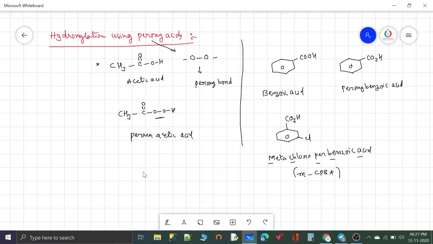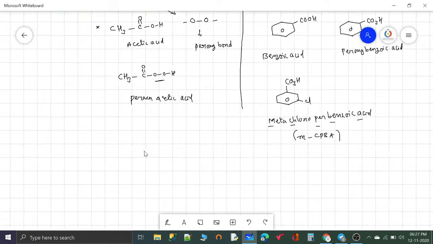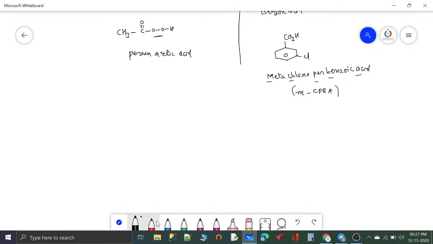What is the use of these reagents and of this particular reaction? It is very simple: you take any alkene molecule and subject it to any of these peroxy carboxylic acids. Then you will get the epoxide.